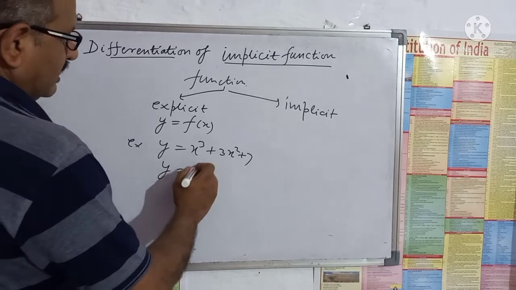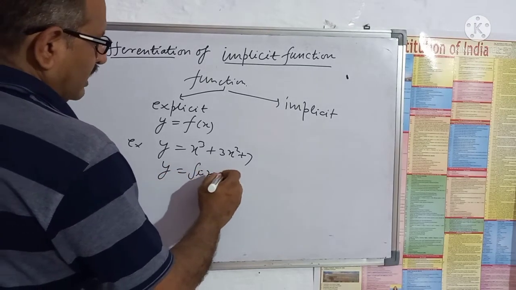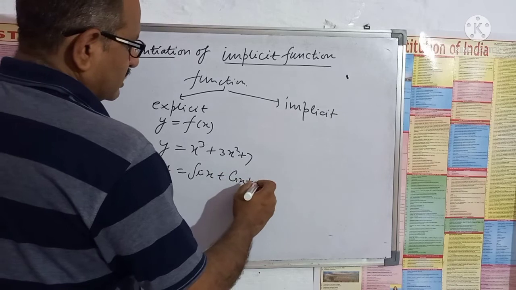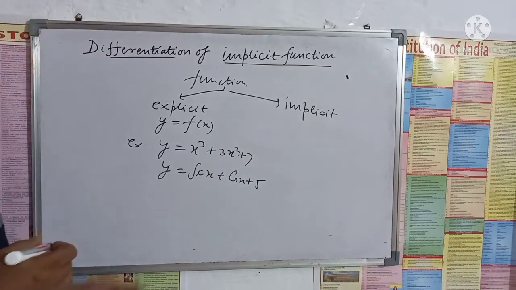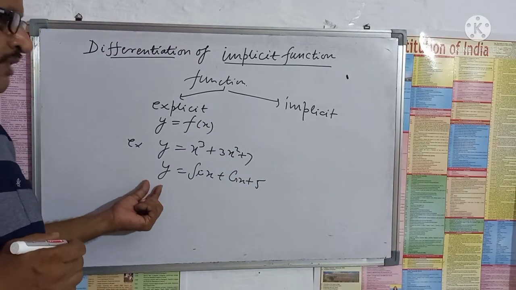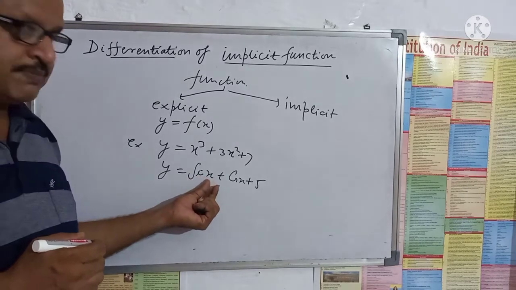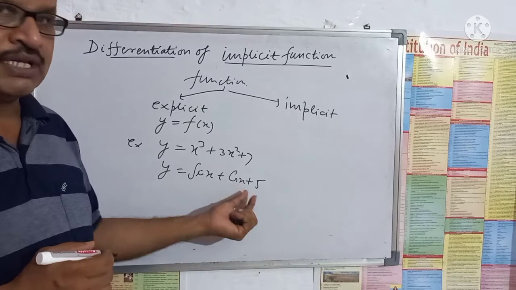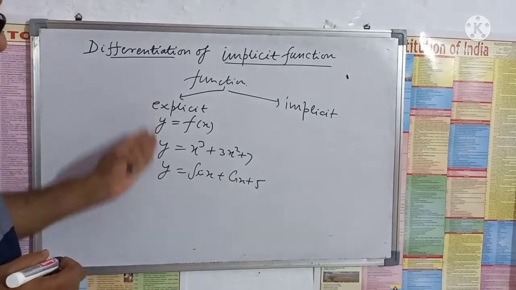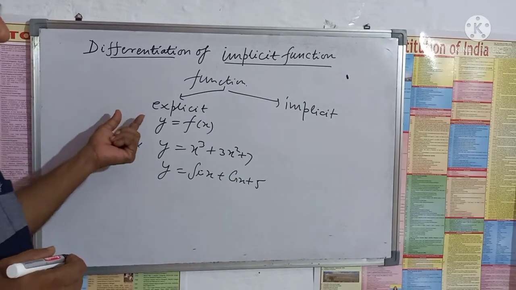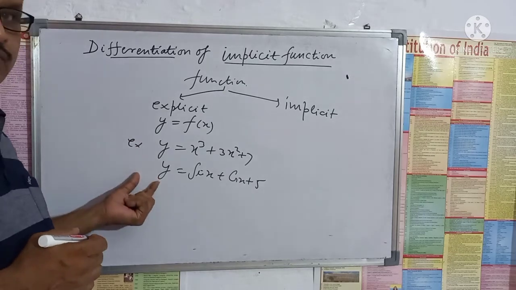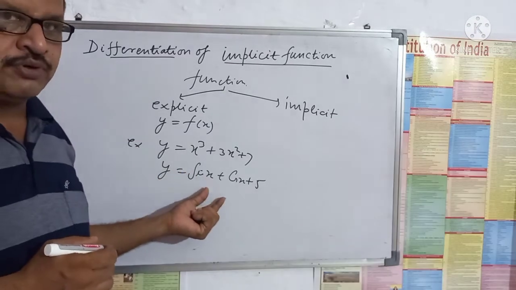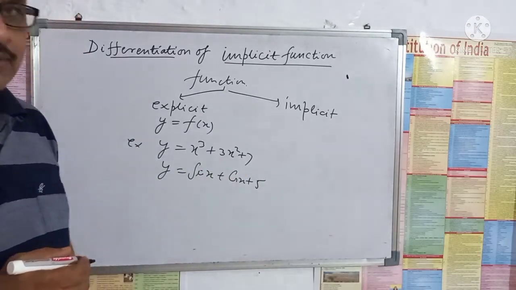Another example we can take: y is equal to sin x plus cos x plus 5. Again we can see that the variable y is expressed in terms of the variable x. So this type of function is called explicit function if one variable y can be expressed purely in terms of another variable x.